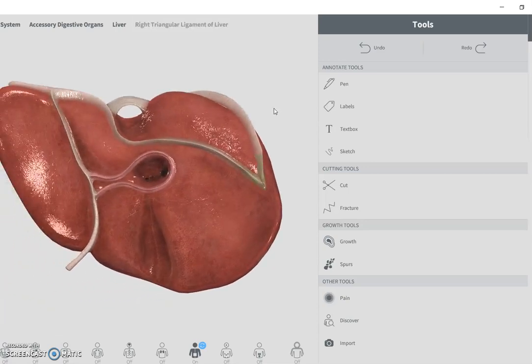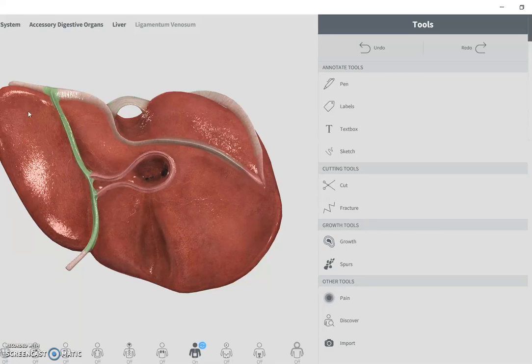Another ligament that you need to know is this, the hepatocaval ligament, and it is important because this is the part where the inferior vena cava passes through this hole, and this one is also known as the ligamentum venosum.